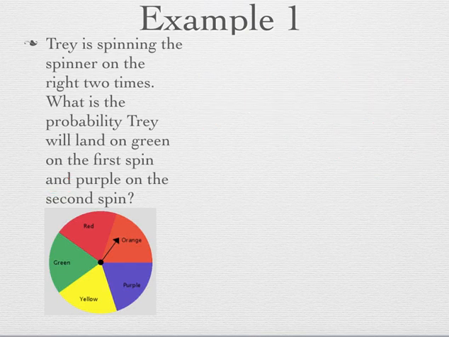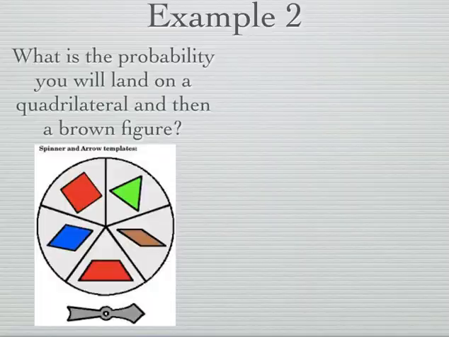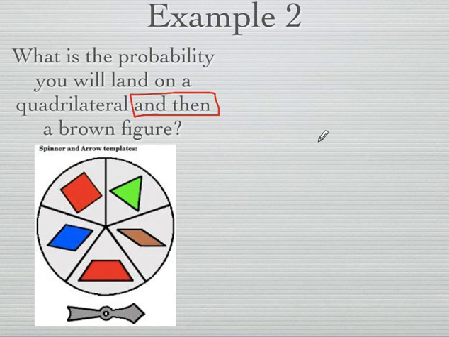Our next example is, what is the probability that you will land on a quadrilateral and then a brown figure? What's our keyword? And then a brown figure. Is this independent, dependent, or mutually exclusive?